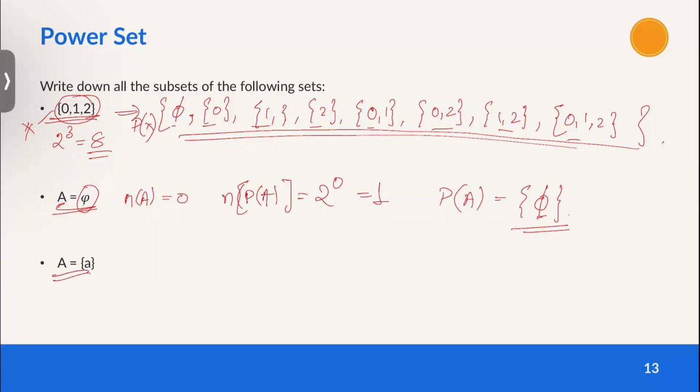Now, if A is a set which has only one element A, the number of elements in the power set will be 2 to the power 1, which is 2. So what is that power set? It will be the empty set and A. Two elements will be there in that power set. So these are some of the problems on power sets.